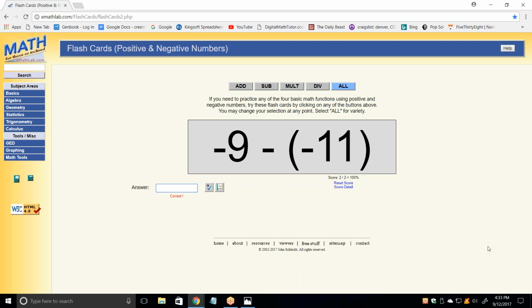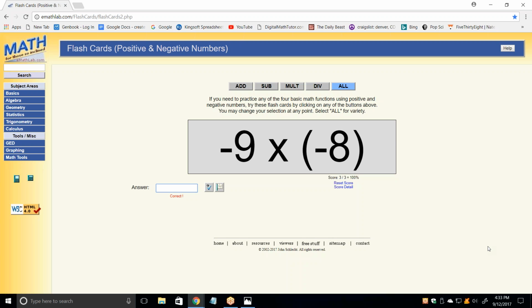So sometimes it's going to give you an addition problem, sometimes a subtraction, sometimes a multiplication, sometimes a division. If you cannot do these accurately within 5 seconds of seeing it, you need to spend some time on this page.